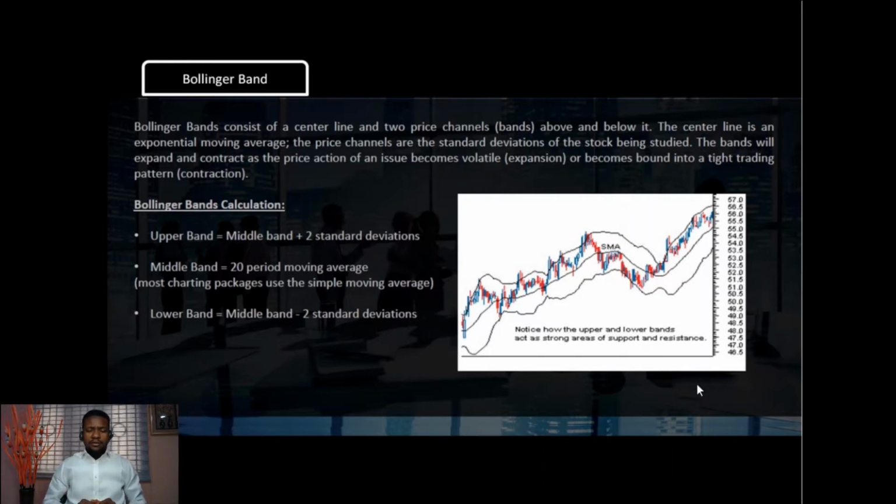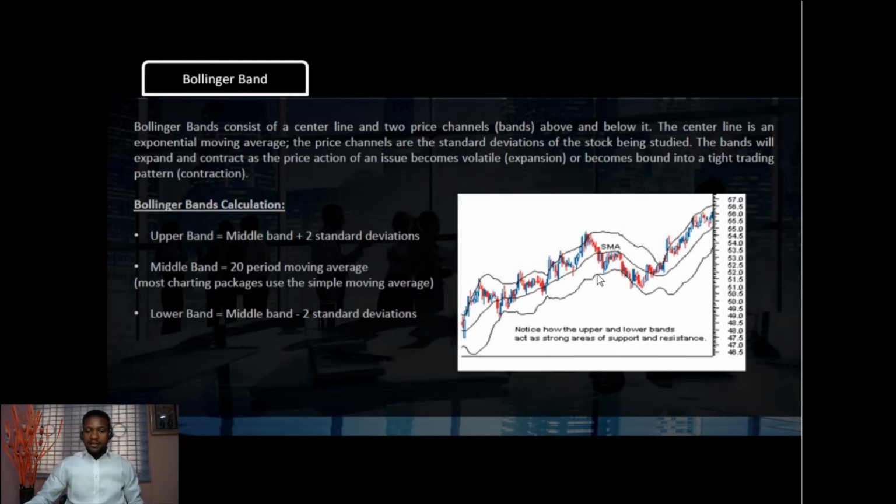The Bollinger Band consists of a center line and two price channels. As you can see here, this is the center line and it is the simple moving average, and it has a band above and another one below. The center line is an exponential moving average and some make use of the simple moving average.